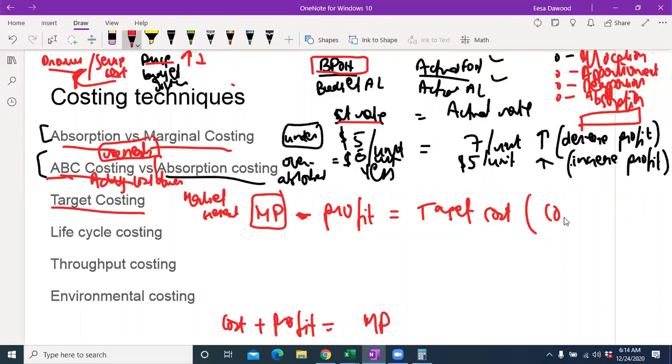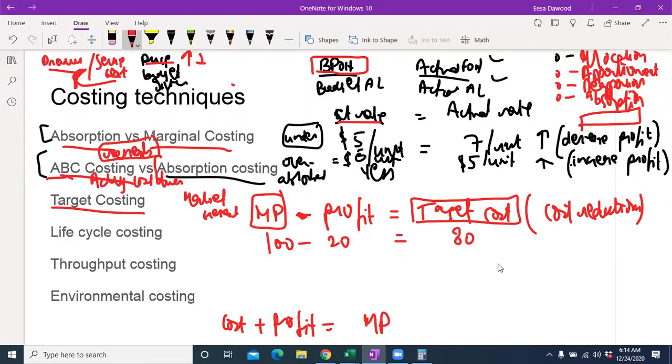It is also a cost reduction technique that helps you to reduce your cost, because if I cannot sell at a certain given price, definitely maybe my cost would be up, or I will have to compromise my profit. So if I want to improve my performance, I need to achieve that target cost. If market price is 100 and profit I want to earn is 20, so cost I should make that product should be 80. But if I estimate my cost currently, my estimated cost is 100.